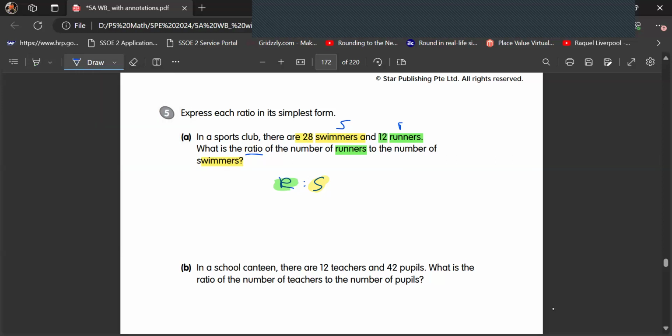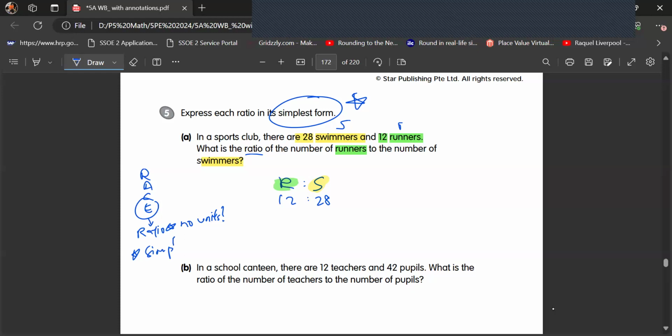So I write 12 is to 28. Then simplest form is the most important part. If it's asked for ratio, remember, no units for ratio. And if we ask for simplest form, you must make sure you have it in simplest form.